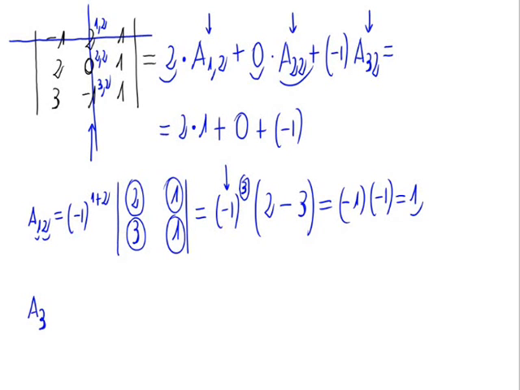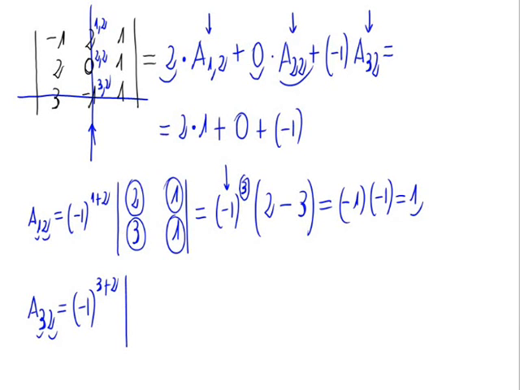So let's calculate down here the A32, and this would be the same as -1 raised to the line plus the column, that is -1 raised to 3 plus 2. And now the cofactor would be the determinant of the elements that are not crossed out.